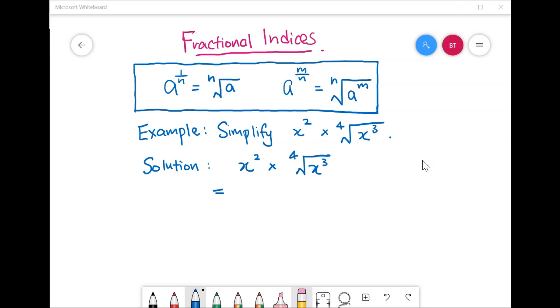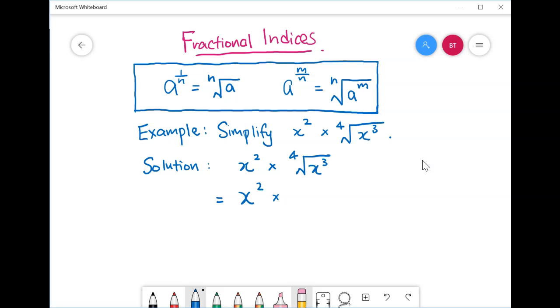It's in fact not possible for us to do so, and therefore we need to convert these roots into fractional power before we can apply one of the indices laws to simplify. So there's nothing I can do with x squared, so therefore I will keep x squared over there. Okay, and what I'm going to do is to convert these roots into a fractional power.